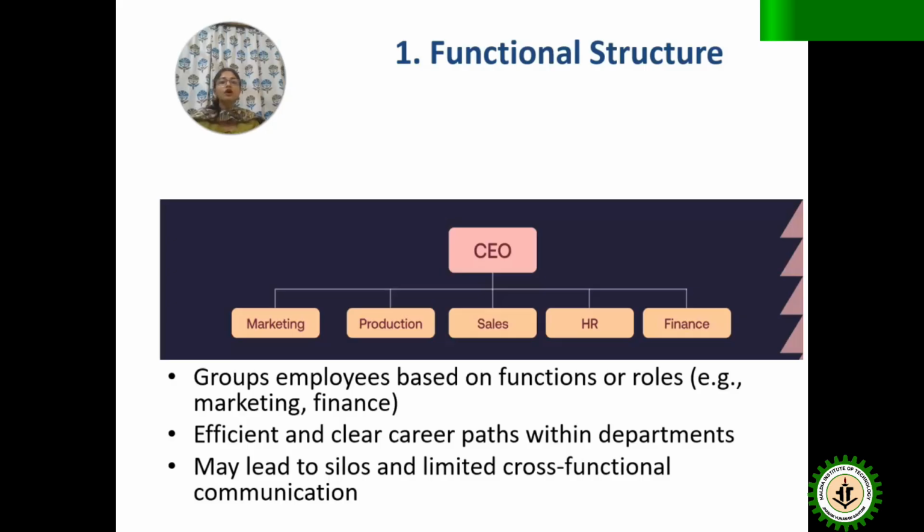And together, all the division heads of marketing, production, sales, HR or finance directly report to the top manager, who is the CEO.